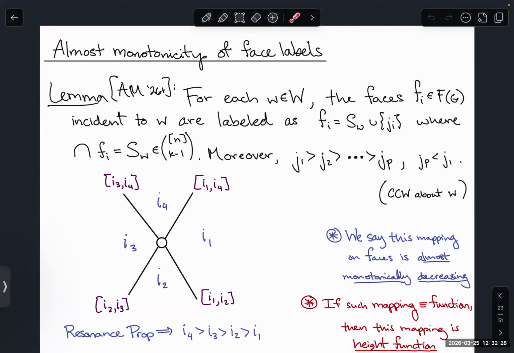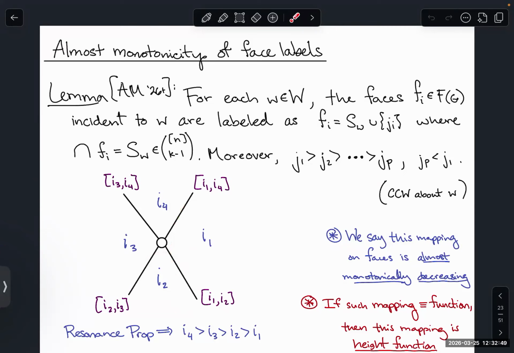So if we use this resonance property, and remember that the labels for the faces come from the strands crossing, a strand comes in and takes a left. So for example, this is the strand I1. It contributes the face label I1 to its left. We can do the same for each of these.